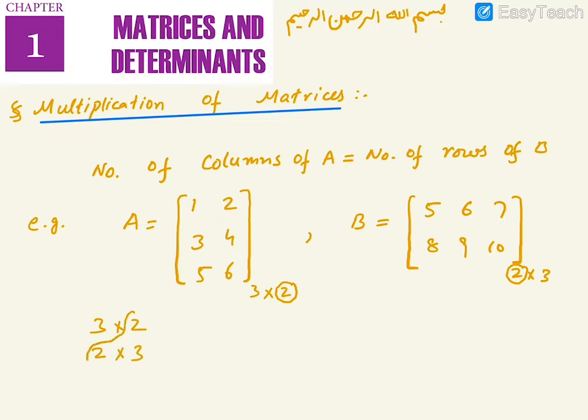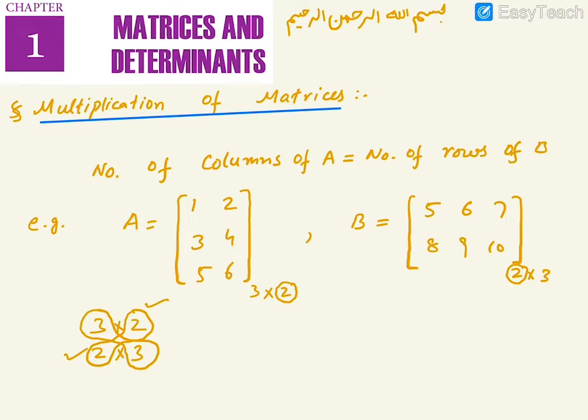So this is the same. So we can say the number of columns of A is equal to the number of rows of B. And after the product AB, the resultant matrix must have the order 3 into 3. If this condition is not satisfied, then multiplication of matrices is not possible.